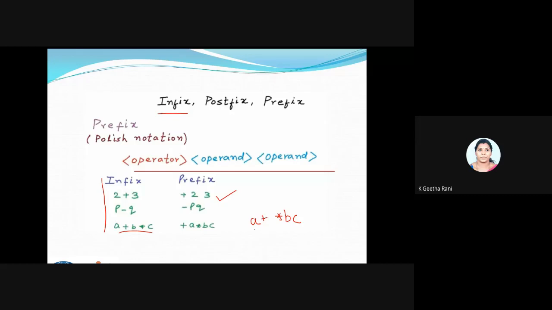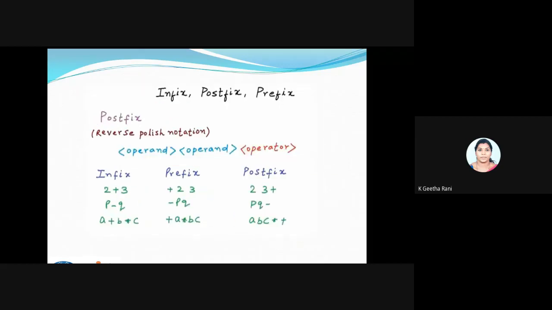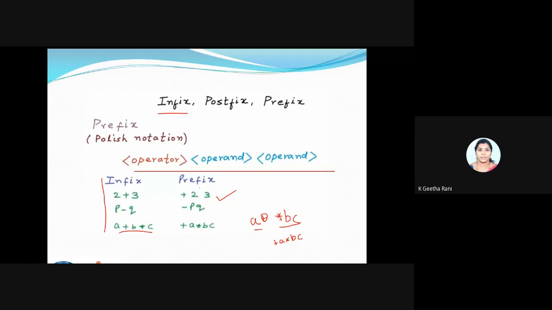Now this is an operand and this is the whole operand. Now I'm just making this operator come to the front. So plus a star b c. So this is how your prefix works. Fine. So we will see the next one. I'm telling you what is what, then I'll go for some evaluations.